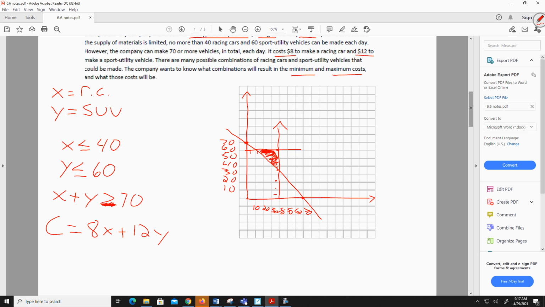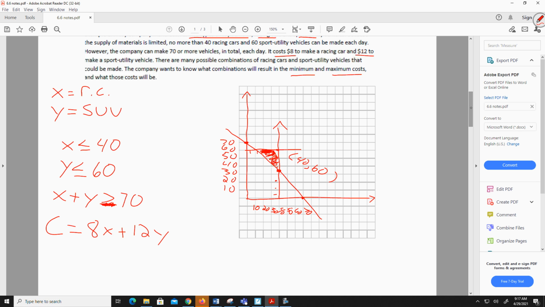So this one here is at 40 and 60. If this is 40 here, I didn't draw my graph perfectly, but if I put 40 into here, what is y going to end up equaling? If x is 40, what does y have to be to give me 70?